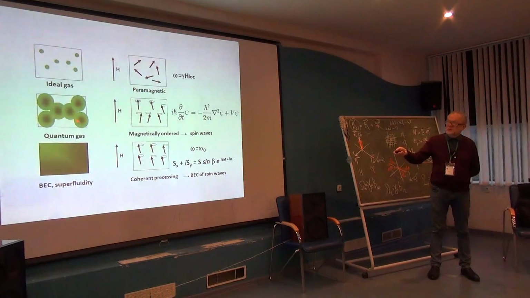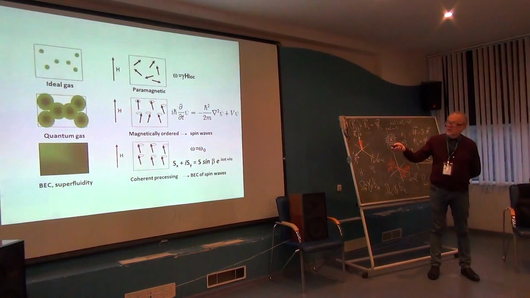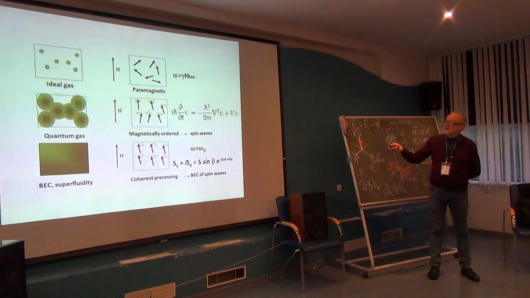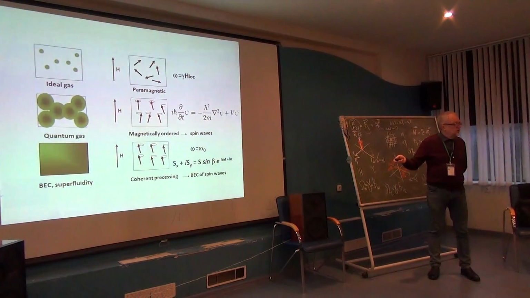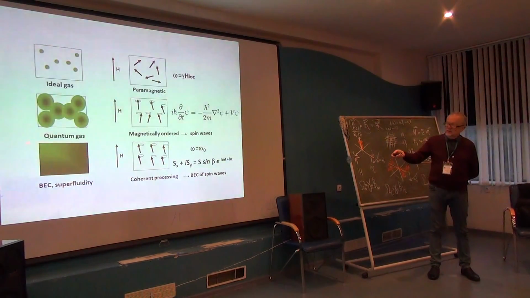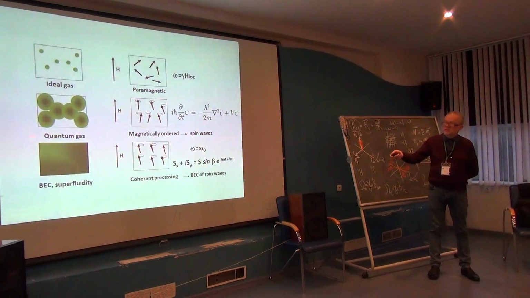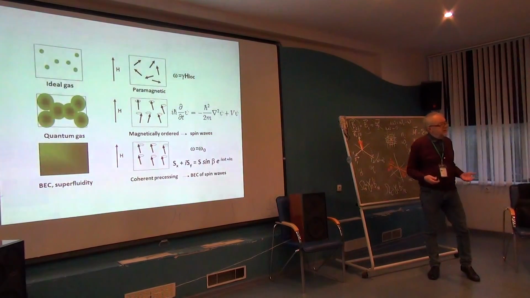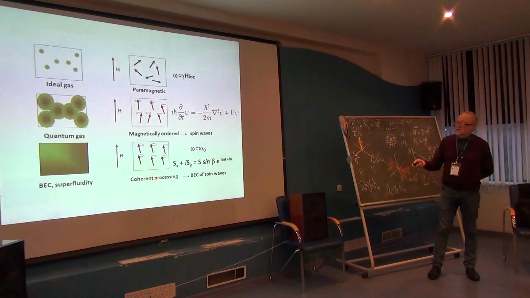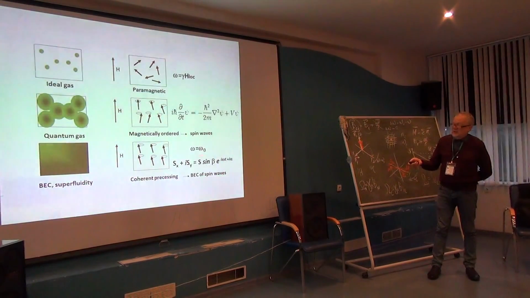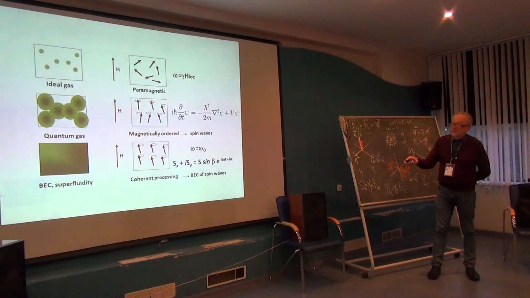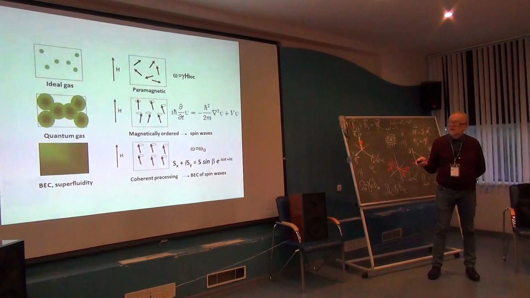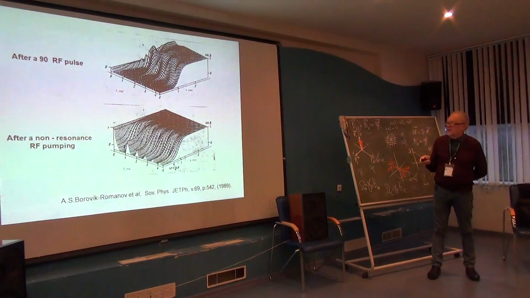We have quantum gas in which atoms interact with each other, and the analogy is the magnetic ordered materials. But spin waves are some excitations, not coherent excitation. But then finally, in cooling, we have Bose condensation or superfluidity when the whole ensemble of atoms has exactly the same wave function. And in case of the magnons, we have Bose condensation of spin waves. So all excitations are described by exactly the same wave function. So this is the phenomenon of Bose condensation.